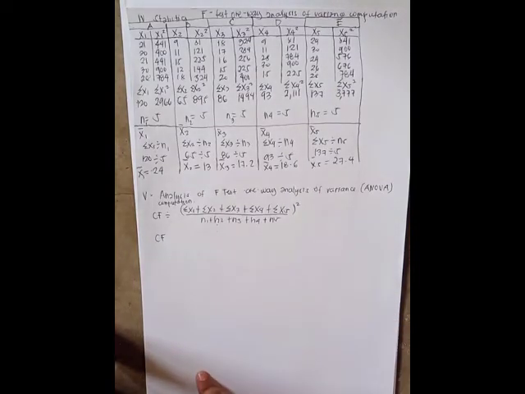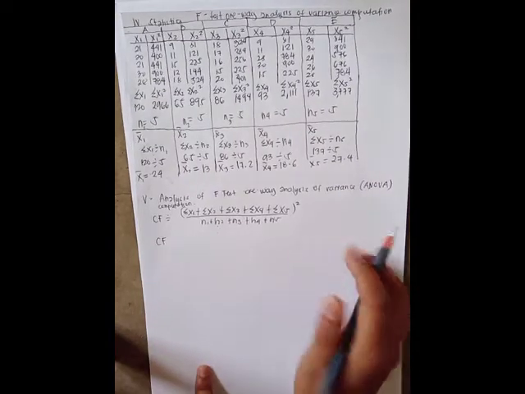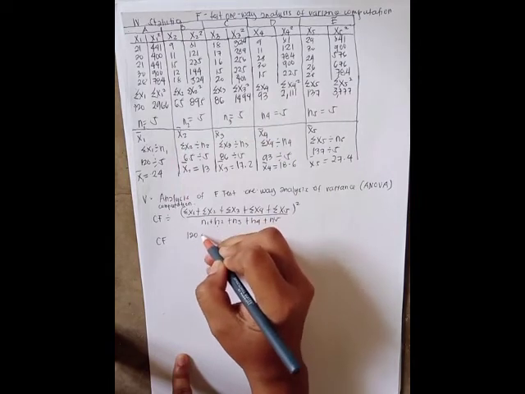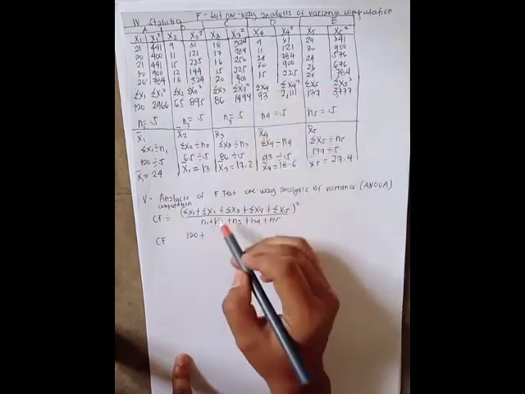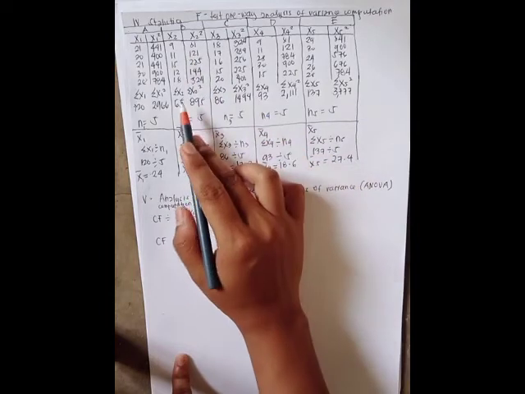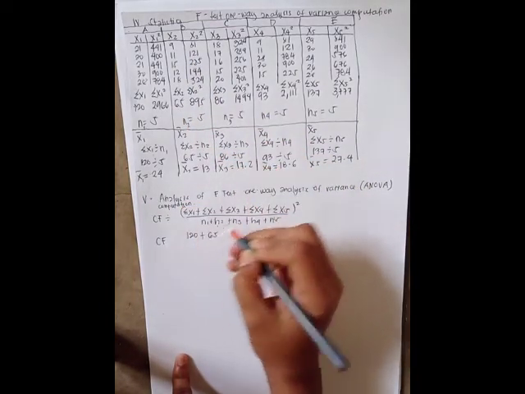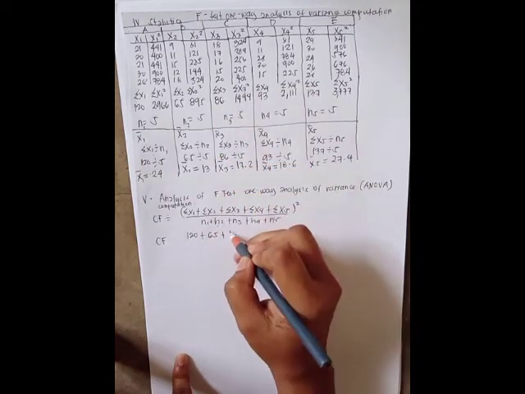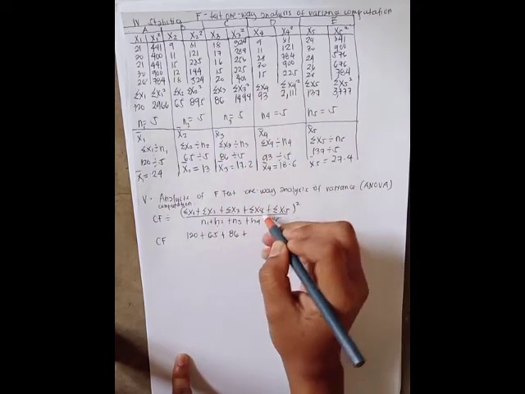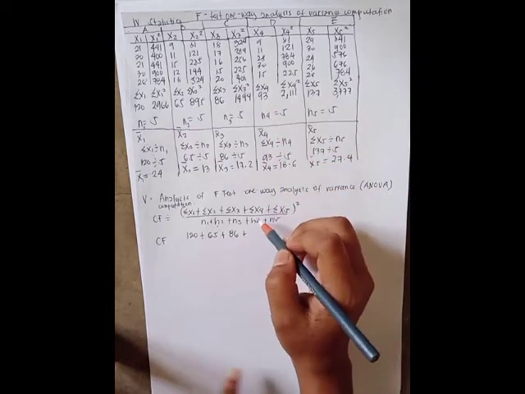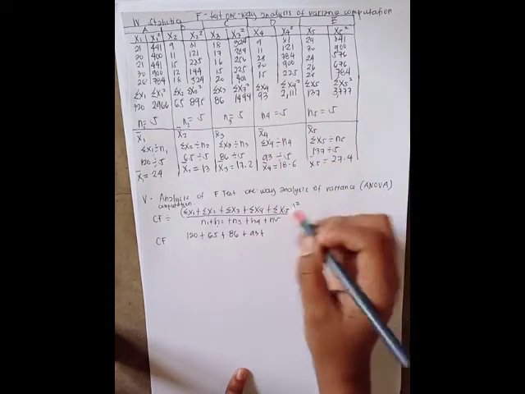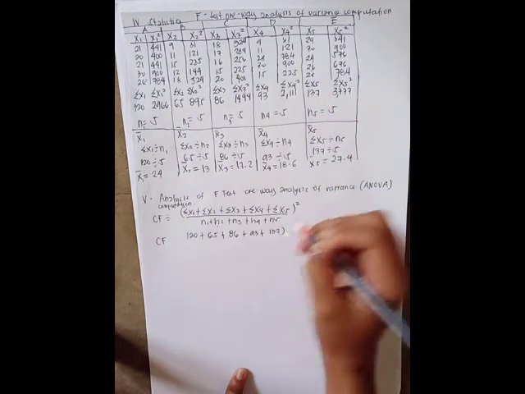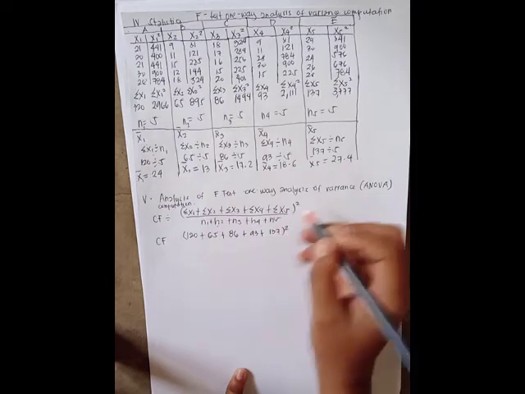So let's write it. Our sigma x1 is 120, added with our sigma x2, which is 65. Okay, added with our sigma x3, which is 86, added with sigma x4, 93, and added with our sigma x5, which is 137, and squared it.